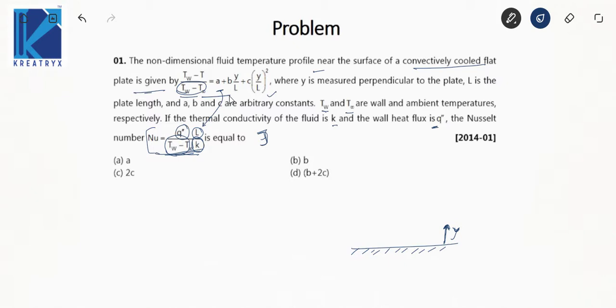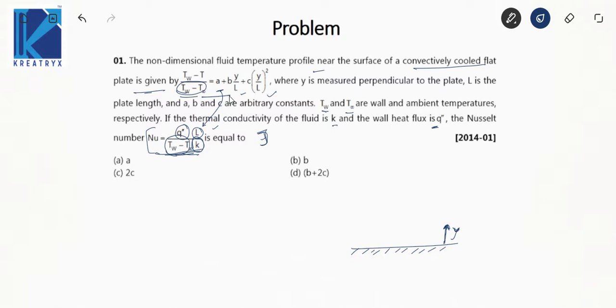So you can also think that the heat transfer equation has been related with this equation and this equation. In these types of questions, whatever knowledge you have, just start solving the question, and almost 100 out of 100 times you'll get the desired result. So let's start with whatever knowledge we have.